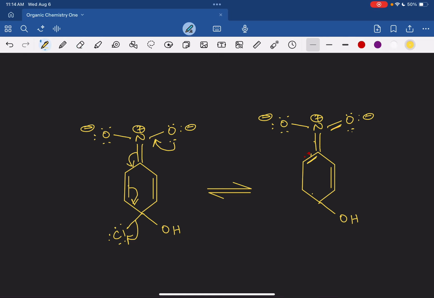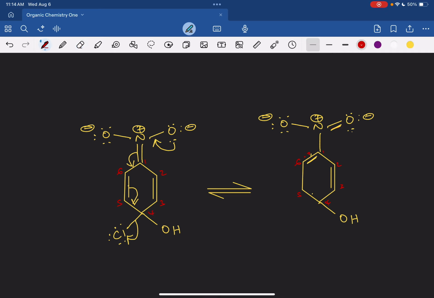So let me number these carbons actually: 1, 2, 3, 4, 5, 6. So here, this will move in between carbon 1 and 6. So it's no longer here, right?